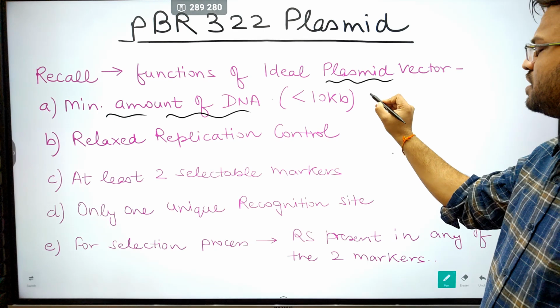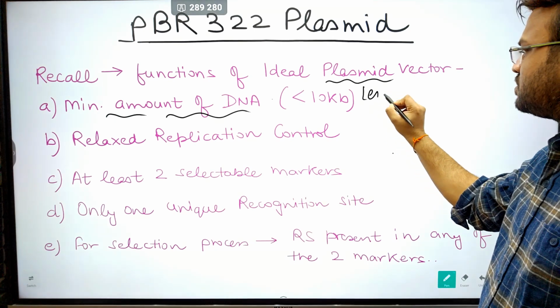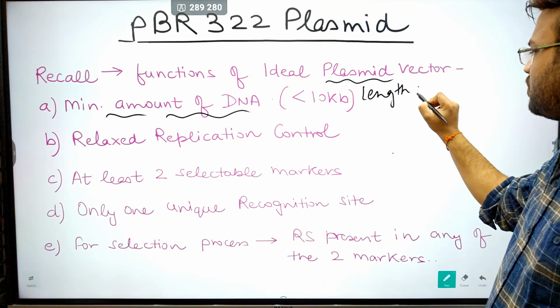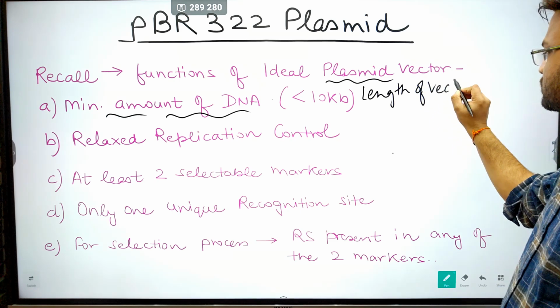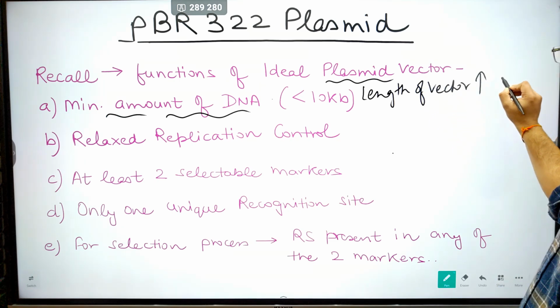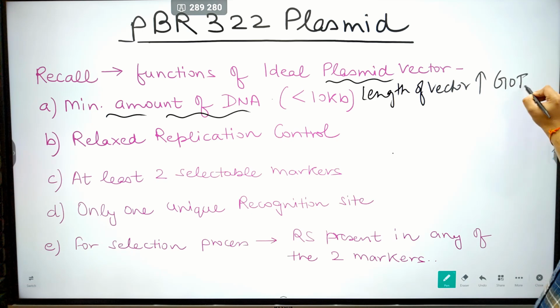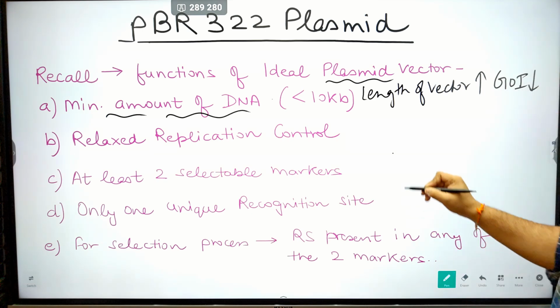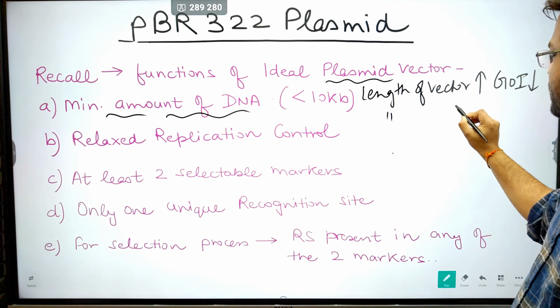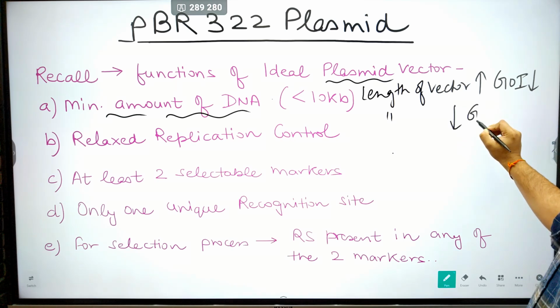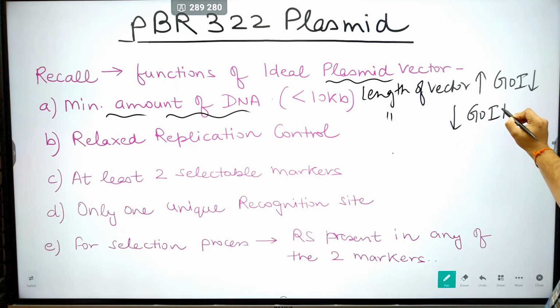So, if the length of the vector is high, the gene of interest naturally would be low, and if the length of the vector is lesser, you can increase the gene of interest size.